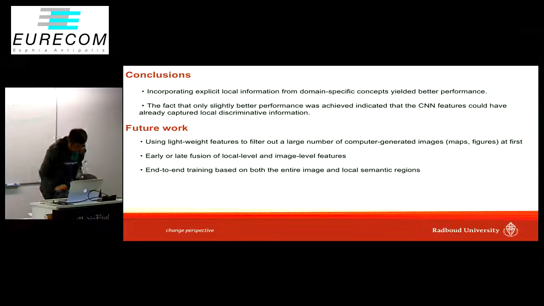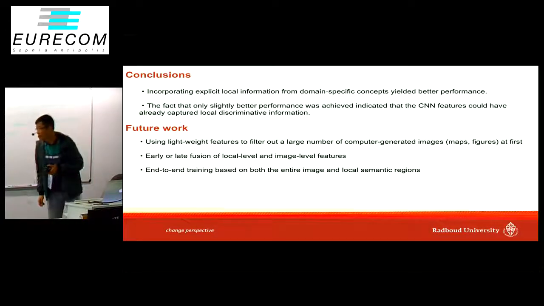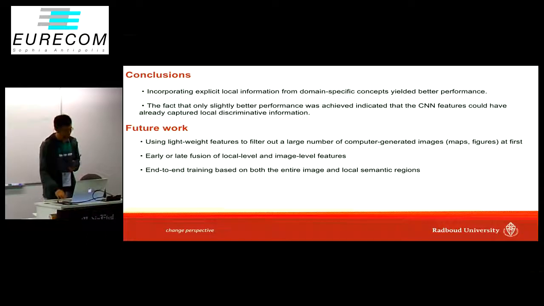So in conclusion, in this approach, we incorporate explicit local information from three domain-specific concepts to yield better performance. The fact that only slightly better performance was achieved indicates that the scene features could have already kept most local discriminative information.